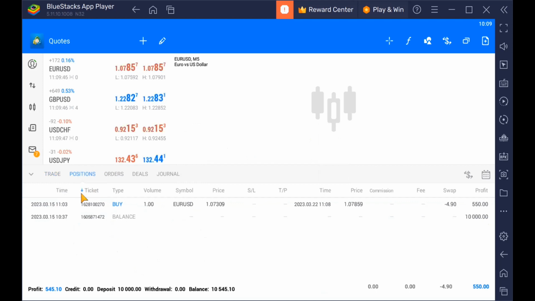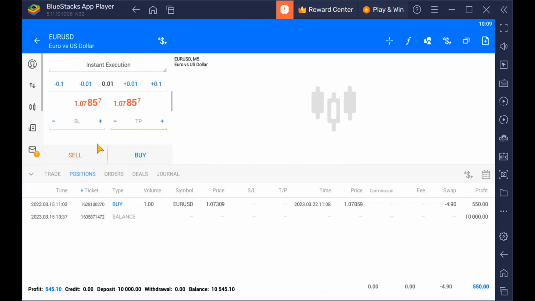Okay. So that's what I want you to just get from here: when you want to open a trade on market order, you just click on buy or sell, whatever you want to do.